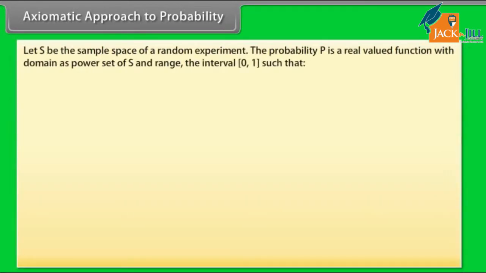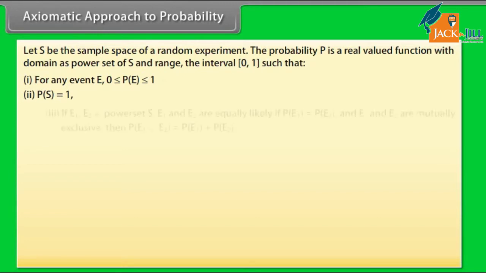Axiomatic approach to probability. Let S be the sample space of a random experiment. The probability P is a real-valued function with domain as the power set of S and range the interval [0, 1] such that: 1. For any event E, 0 is less than or equal to P(E) is less than or equal to 1. 2. P(S) is equal to 1.